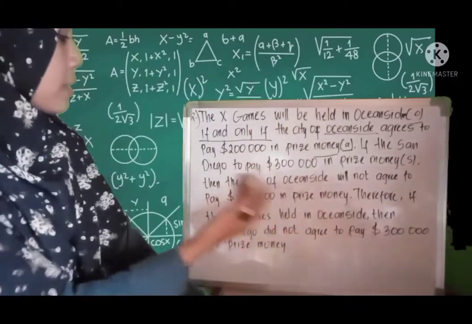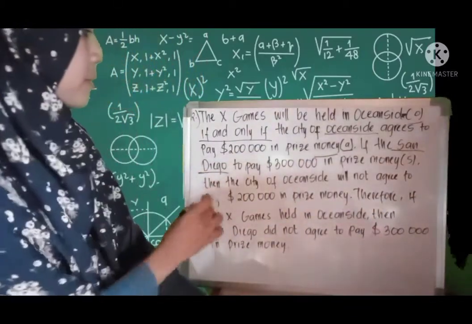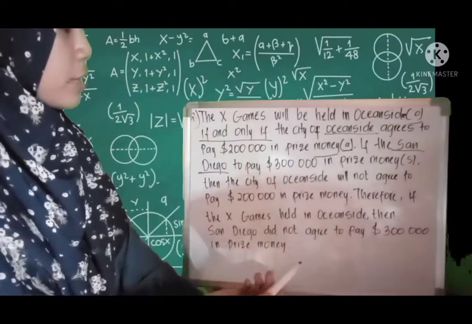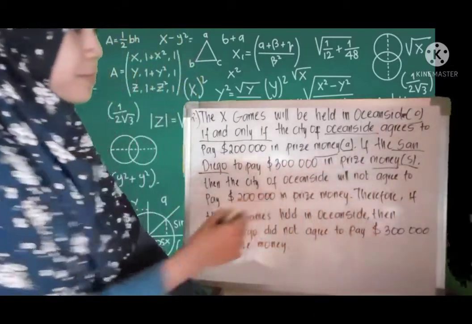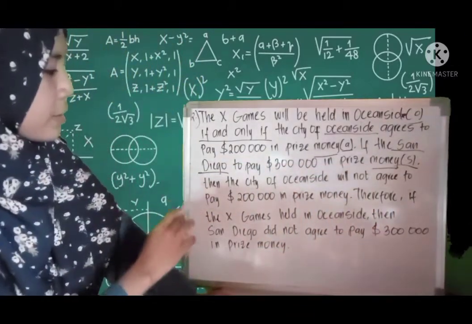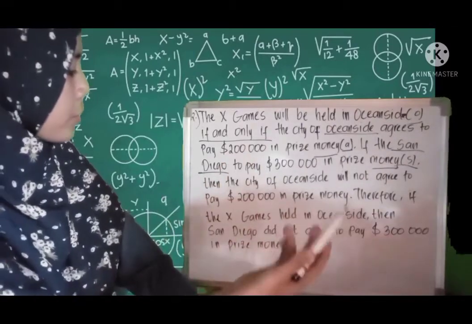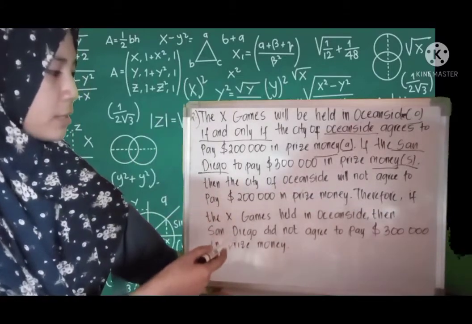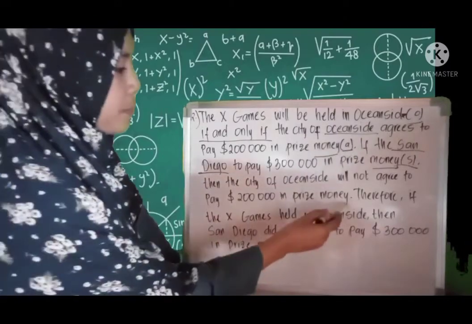If the San Diego to pay 300,000 in prize money S, then the city of Oceanside will not agree to pay 200,000 in prize money.